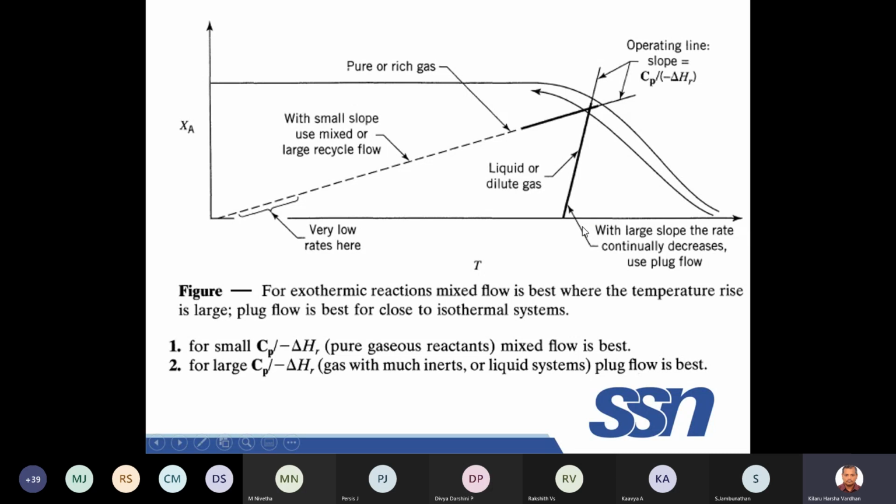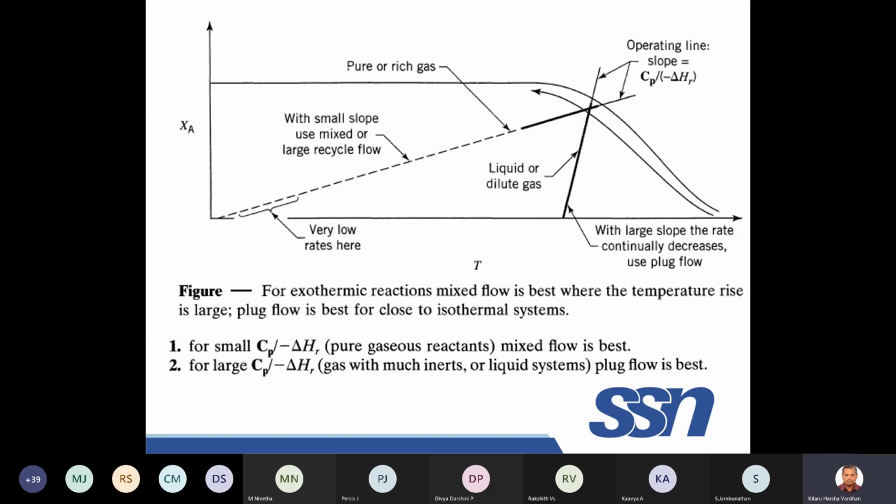If you put in an MFR, the rate will suddenly go down due to dilution. Therefore, instead of getting a high conversion, you get a low conversion for the same volume. You don't want that, because our main intention is to have a high conversion per less volume.